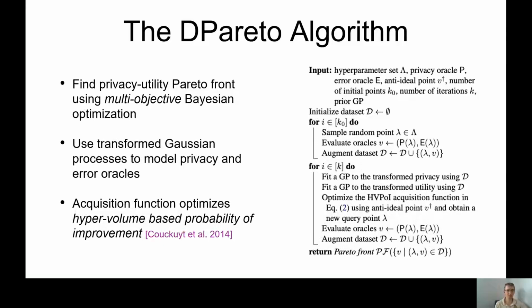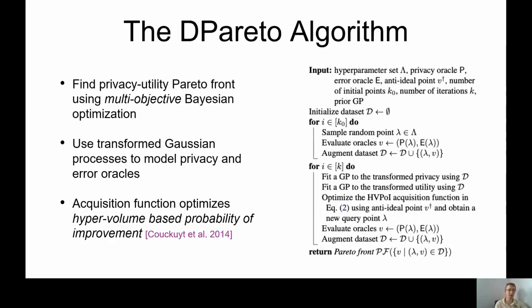The algorithm basically implements the Bayesian optimization loop. So we're given a hyperparameter space, we're given the privacy and the utility oracles, and we just start by picking some fixed number of random samples. This way we can bootstrap a surrogate model. Once we've bootstrapped it, we are going to do a couple of iterations, and this time there is a budget of how many times we're willing to evaluate the privacy and utility oracles.